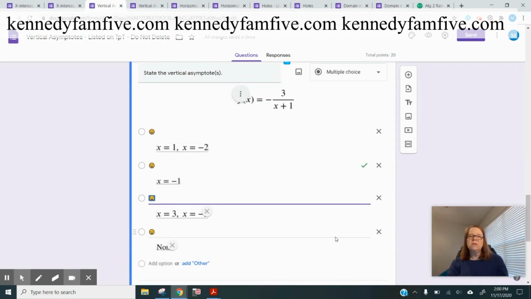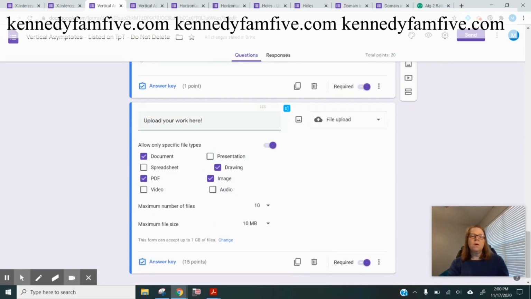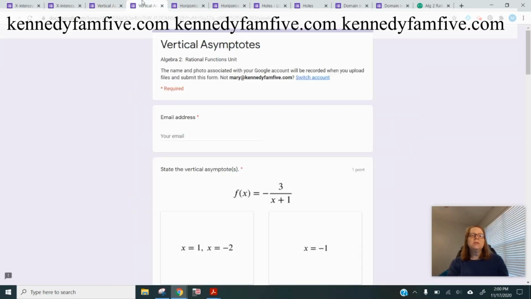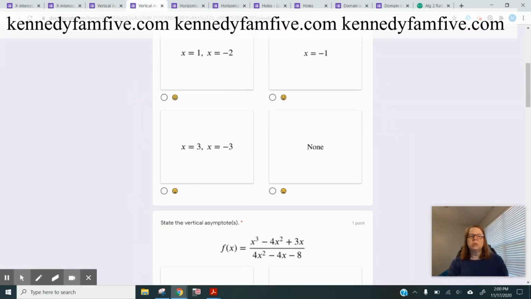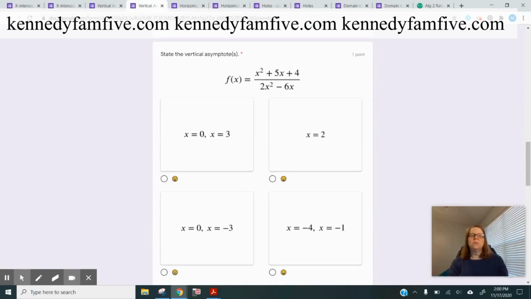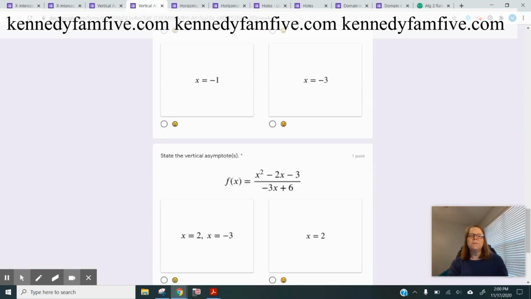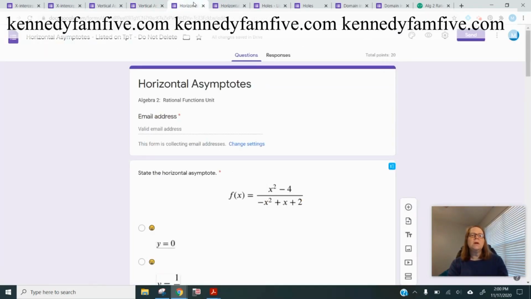Although I am using the Equatio extension, which is free for teachers. So you can always use that if you wanted to have it in the same format as mine. That works. And then there's the upload. So then the vertical asymptotes, it just looks like this when your kids pull it up. So same idea there.